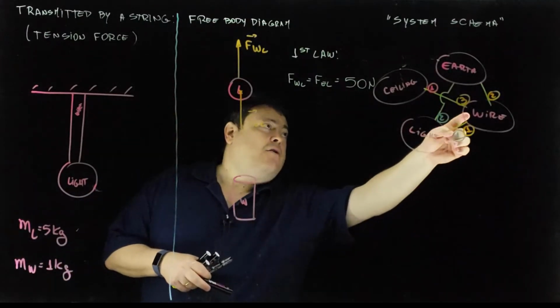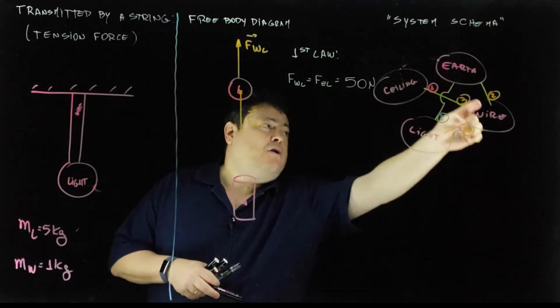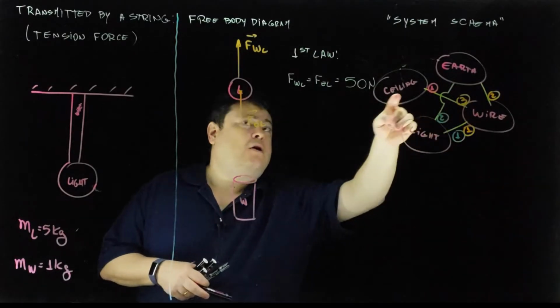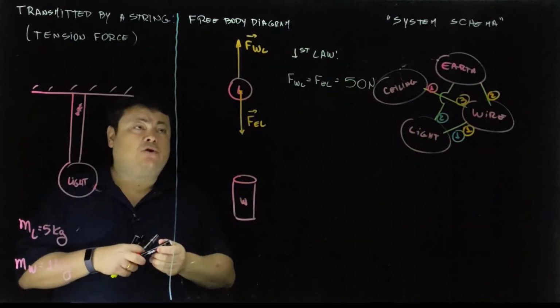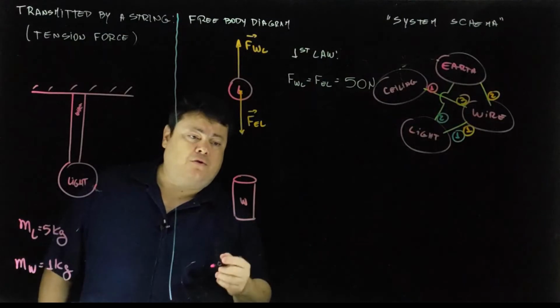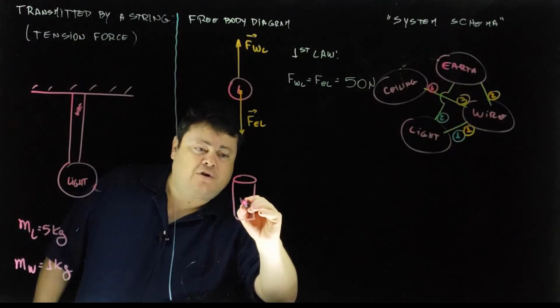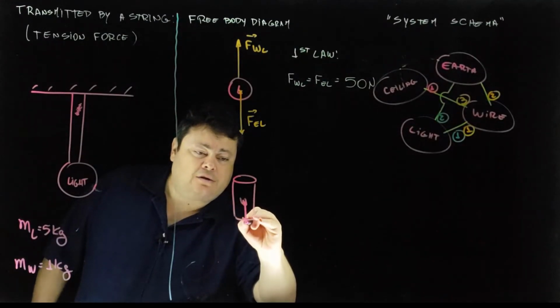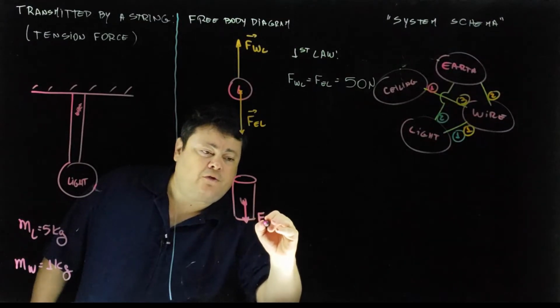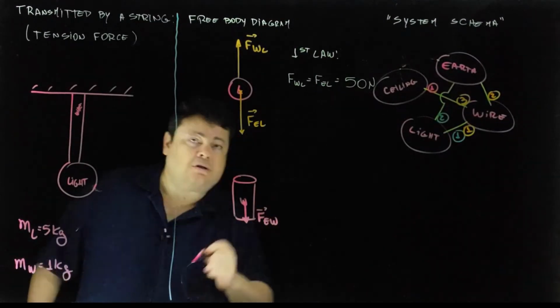The wire has 3 connections. One to the earth, one to the light bulb, and one to the ceiling. So the force of the earth on the wire is in here, vertical down, starting at the center of the wire. Force of the earth on the wire is down here.